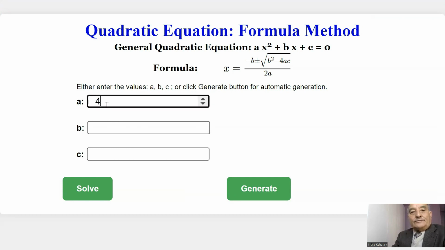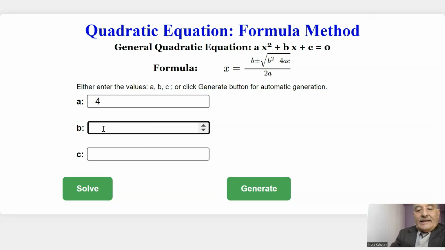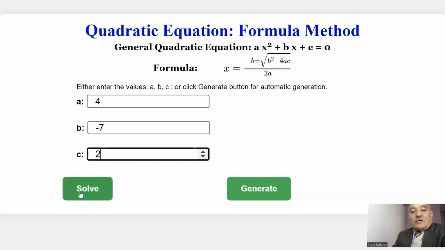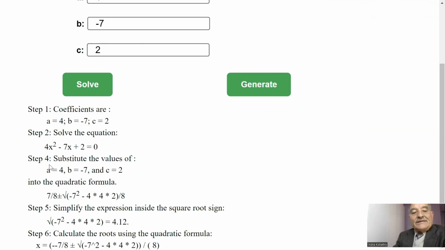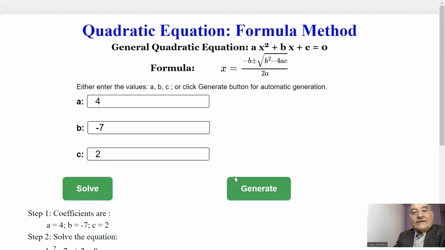a equals 4, b equals -7, c equals 2. Click this solve button. These are the coefficients, and this is the corresponding equation 4x squared minus 7x plus 2 equals 0 here. We plug in these values of the coefficients in this quadratic formula.